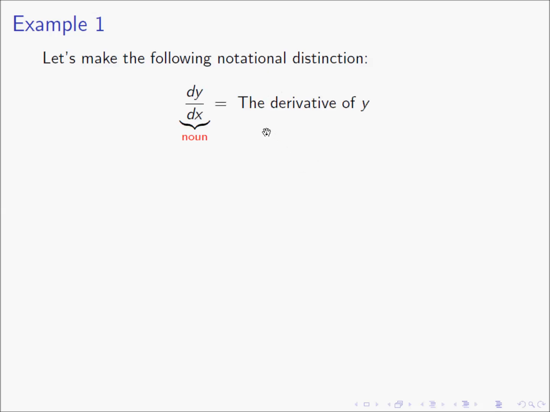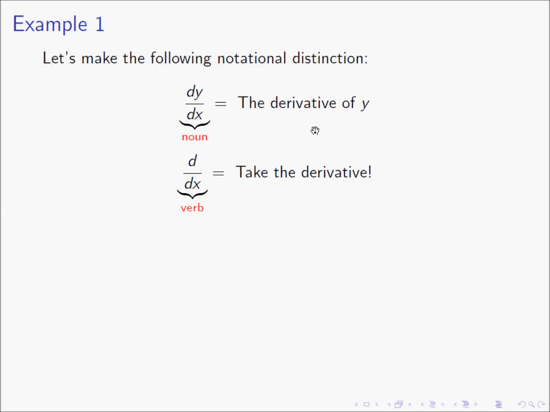We're talking about the derivative of y. And when we write d over dx, what we're talking about is a verb. That is, we're saying take the derivative of what follows. This is just a notational convention or distinction. We need to keep this in mind in what follows.